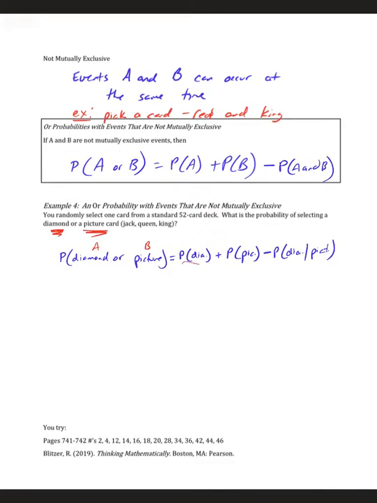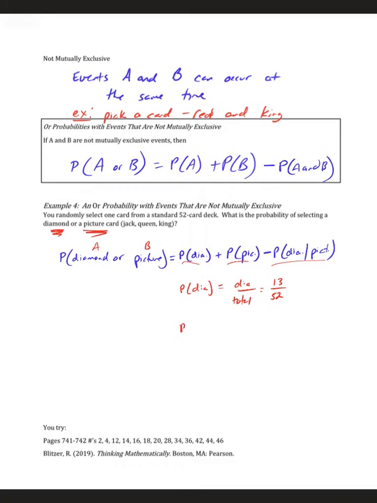Again, we're going to look at each of these strings separately and then put them back into the formula. So the probability of choosing a diamond. Well, this is where we need to be familiar with our deck of cards again. So we want to figure out how many diamonds are there out of the total deck of cards. Well, there are 13 diamonds out of 52. Now we'll notice that that reduces, but I'm going to hold off on reducing that just for a moment.